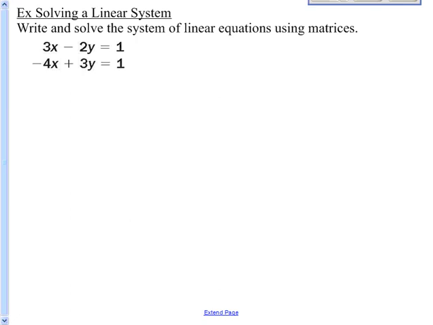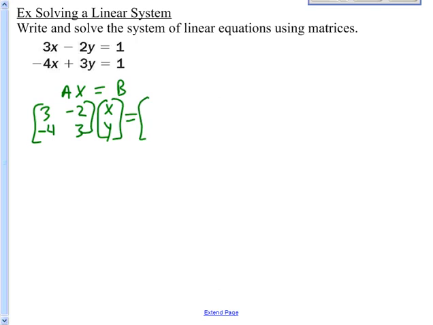So matrix A times matrix X equals matrix B. Matrix A is 3, -2, -4, and 3. Matrix X, the matrix of variables X, Y, equals our matrix of constants 1, 1. Okay. Step 1, find the inverse of A. So 1 over the determinant.